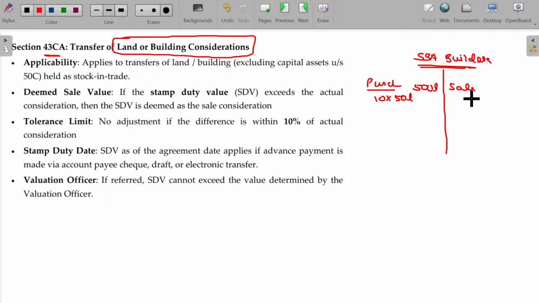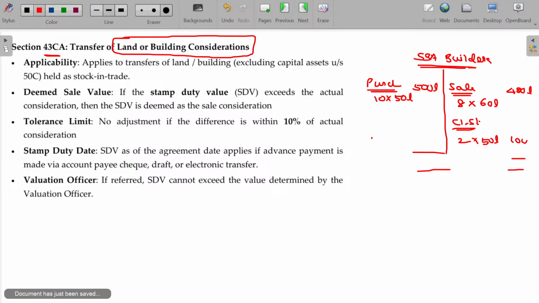Sale: 8 flats sold at rupees 60 lakhs each, 480 lakhs. And remaining unsold flats, 2 flats at 50 lakhs each, 100 lakhs. Then the profit being 80 lakhs. Am I right? That's how they have shown.